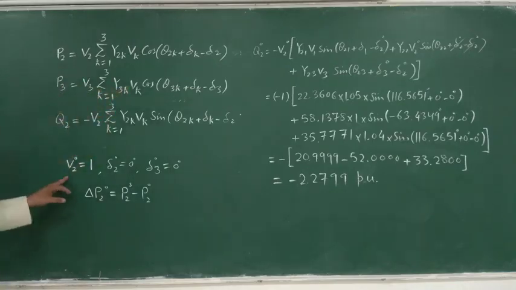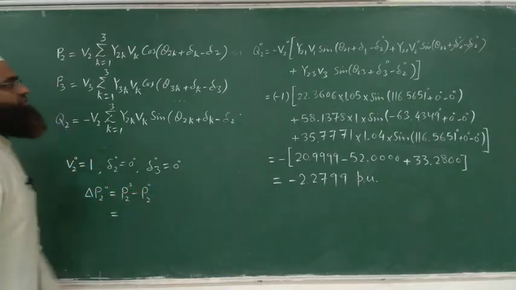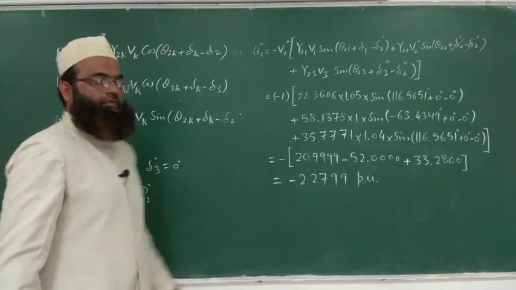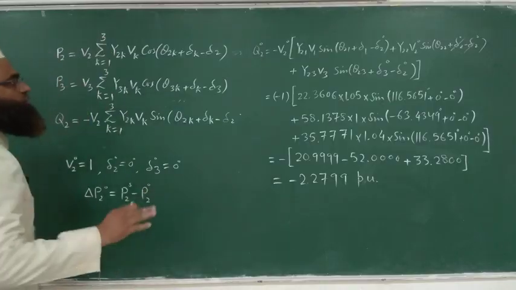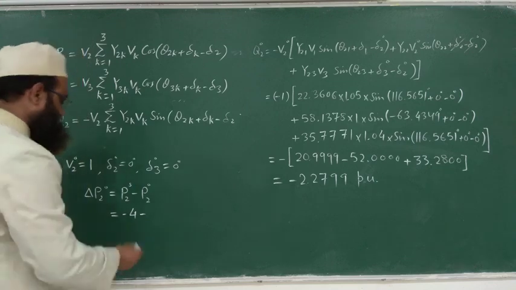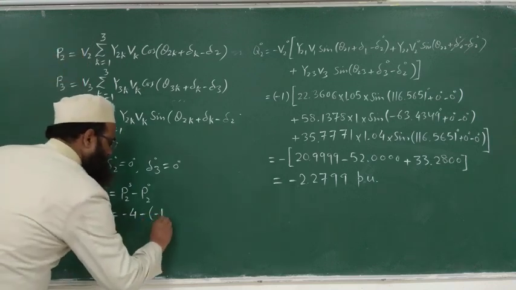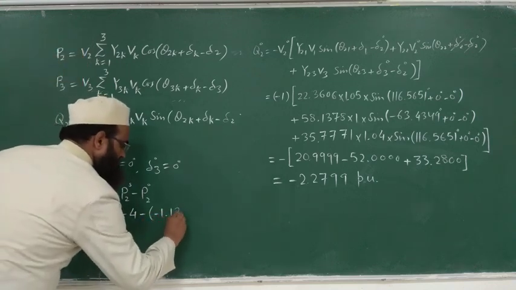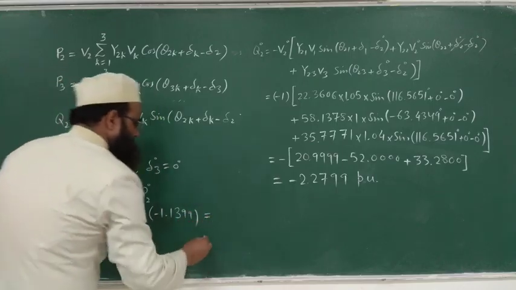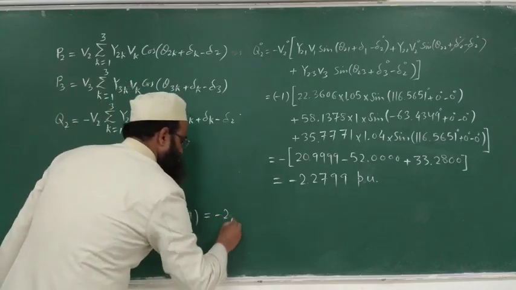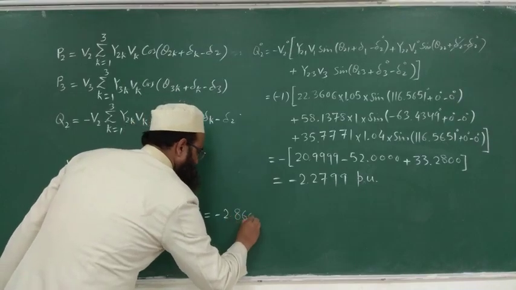So now we will evaluate del P20 as P2 specified. What was P2 specified? -4 per unit, minus P20 you have evaluated. Tell me the values. -1.1399. So tell me the final value. -2.8601 per unit.